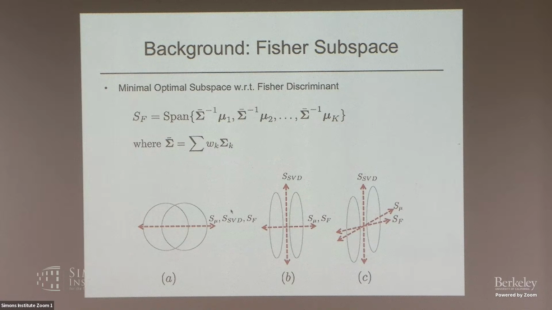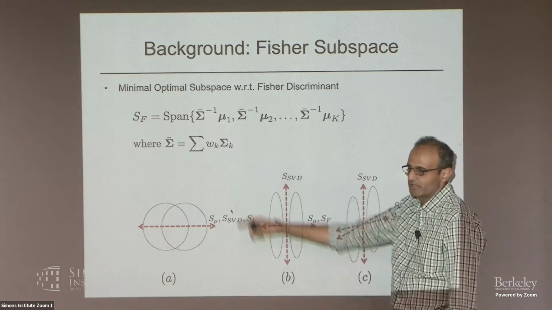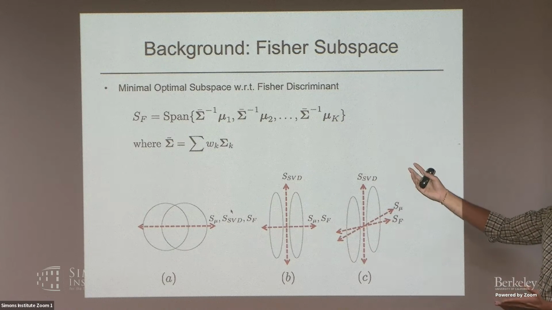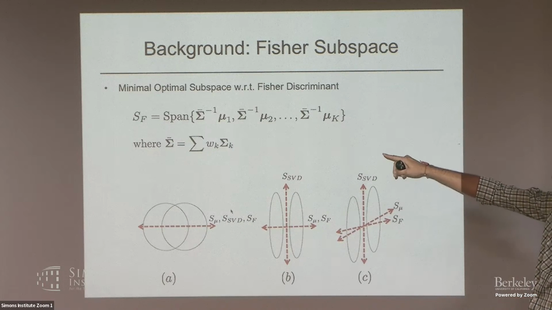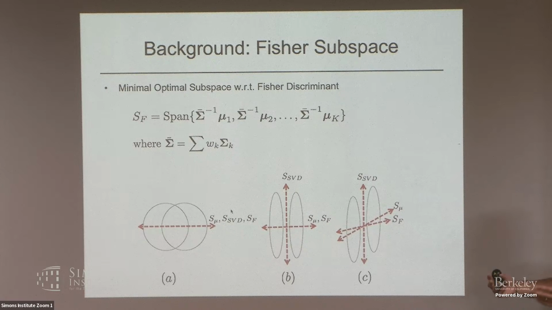If you have a shared covariance matrix, you actually don't need shared. If sigma bar is the ensemble covariance matrix, then the best Fisher subspace is the span of sigma bar inverse times each of the mu's. You take the span of that, and that's the best subspace for Fisher.